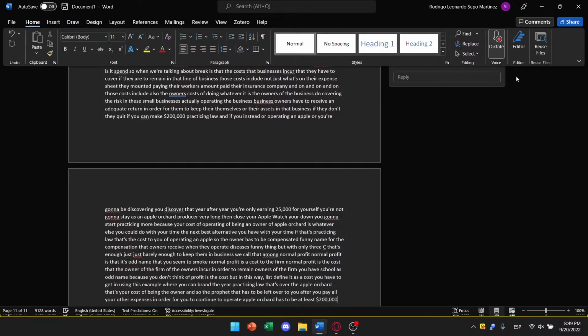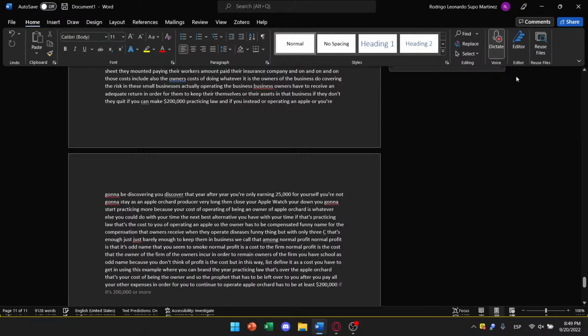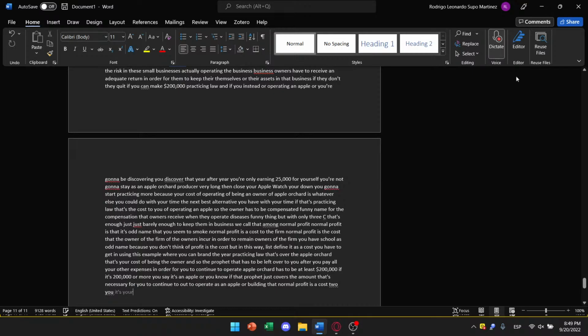If it's $200,000 or more, you stay as an apple orchard owner. If that profit just covers the amount that's necessary for you to continue to operate as an apple orchard owner, that normal profit is a cost to you. It's your cost. It's a name you give to your cost of continuing to operate as the apple orchard owner.